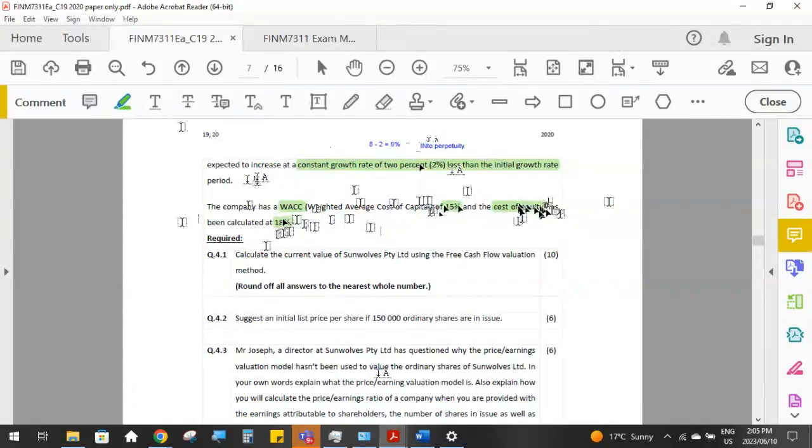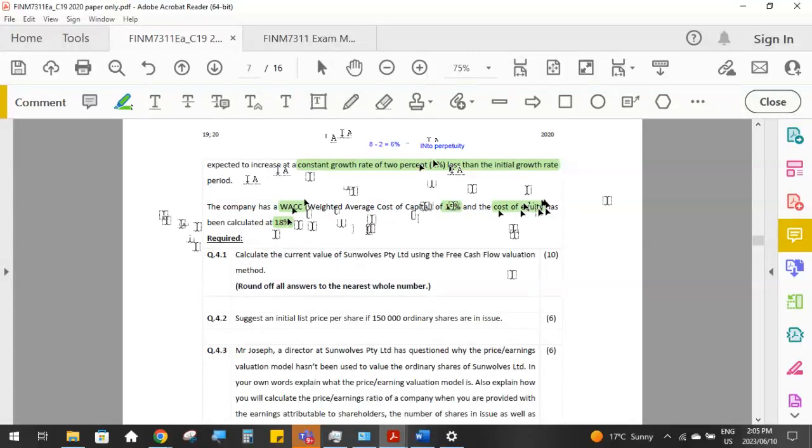So if you can't reason it out, you'll be lost and you'll just have to guess. If you go and have a look at question 5.2 in your textbook on page 135, you'll see that they only give the WACC in that question. So your exam questions always test your application of your theory as well as the questions that you've practiced.